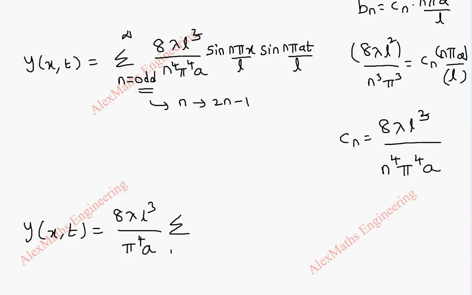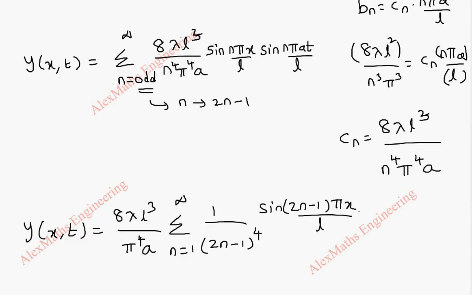Now summation, n is from 1 to infinity, and 1 by n power 4 is 1 by (2n minus 1) whole power 4, and we have sin (2n minus 1) into pi x by L into sin (2n minus 1) into pi at by L.